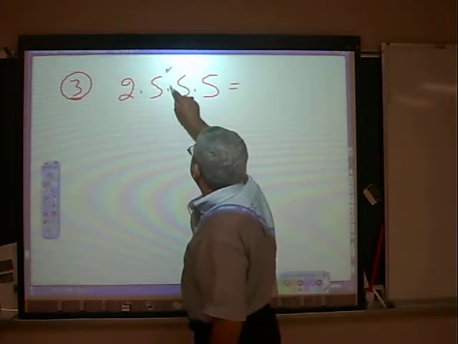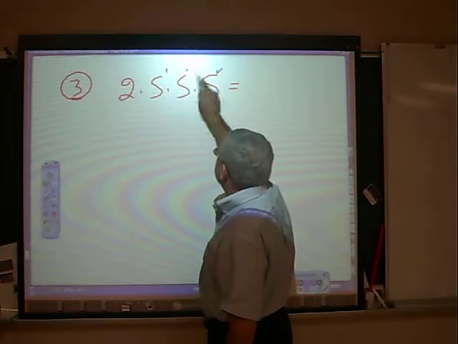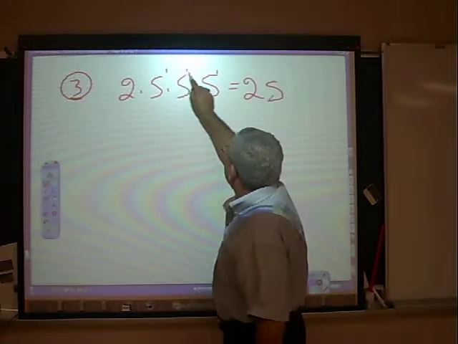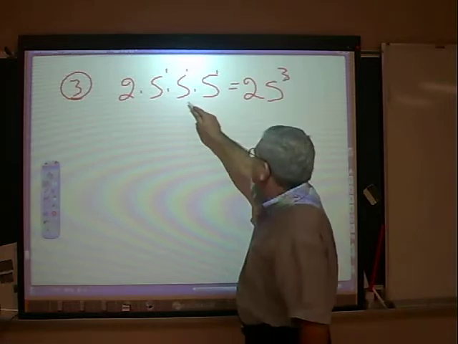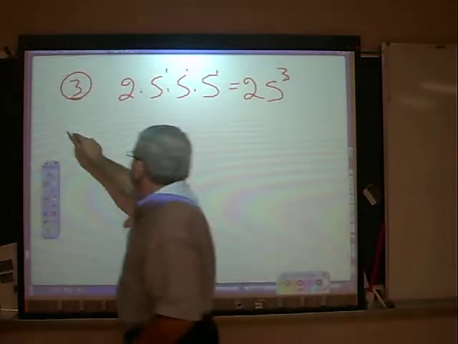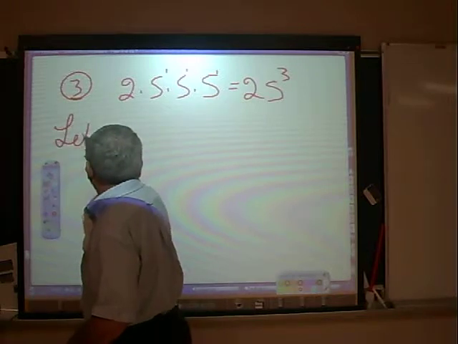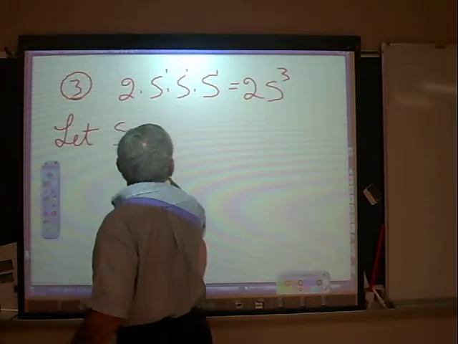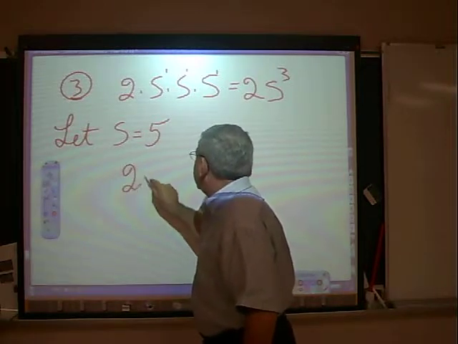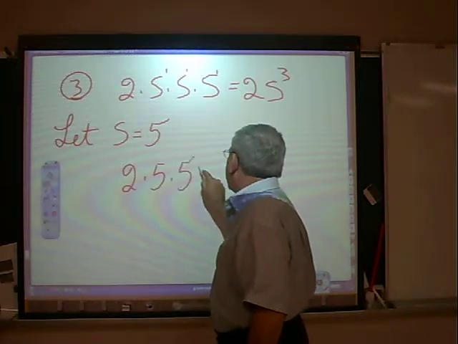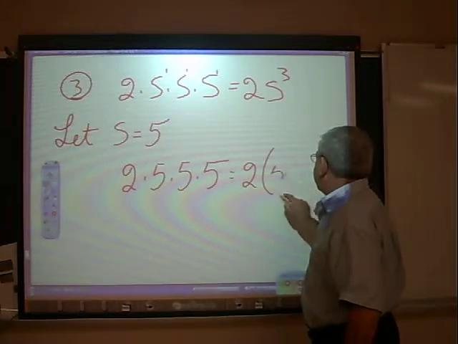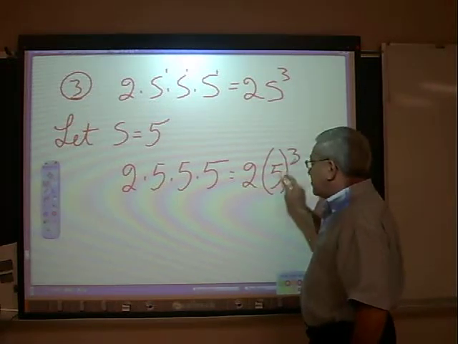So here, this is the first product law of exponents. We have 2 times s times s times s, so we keep the base and add the exponents, because s times s times s is s cubed. Now we want to prove that. So let s equal something like 5 again, and we have 2 times 5 times 5 times 5 equals 2 times 5 cubed.